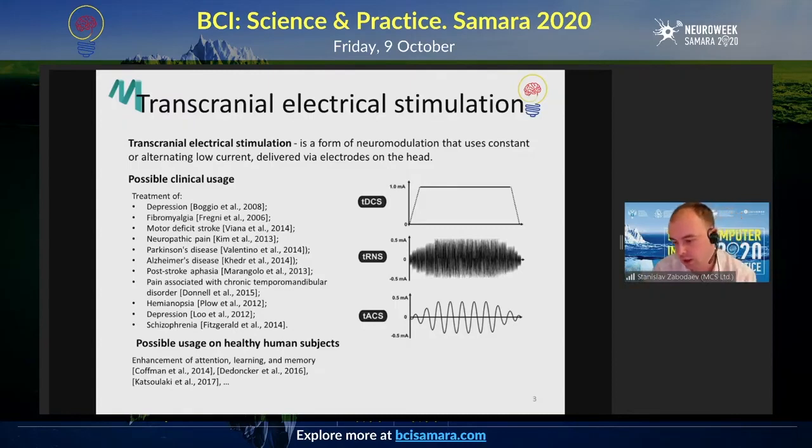This can produce certain neurological effects due to the induction of electric current and the shift of electric activity in neurons.